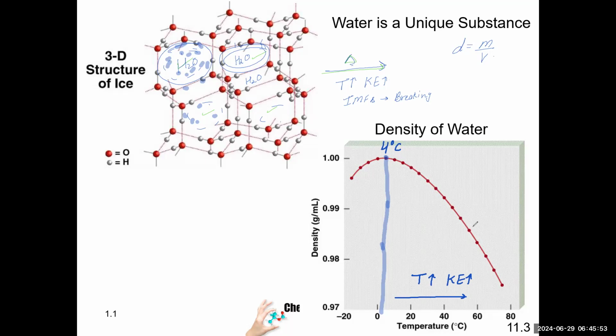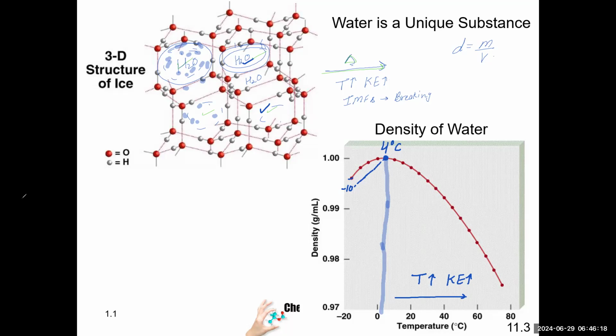So you can see how the density is decreasing. If I start with ice somewhere around -10 and start heating it, initially the density will increase because ice has less density due to these large gaps.